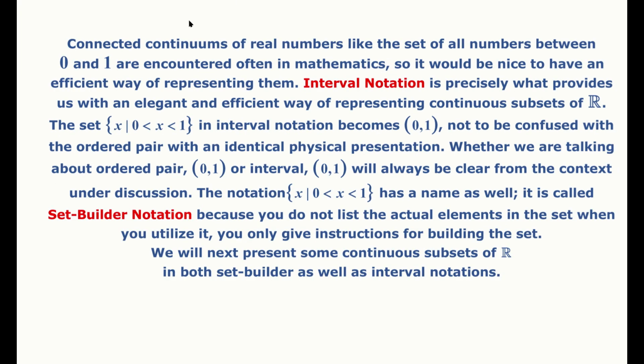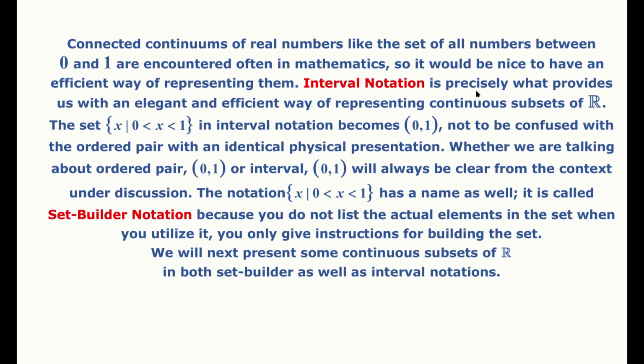Now, of course, there are sub-continuums of real numbers as well, right? So connected continuums of real numbers, like the set of all numbers between 0 and 1, are encountered very often in mathematics. So it would be nice to have an efficient way of representing them. The notation that we use to do so is called interval notation.